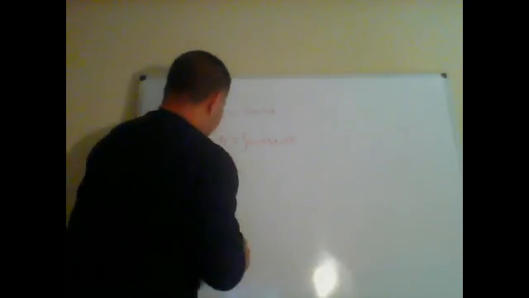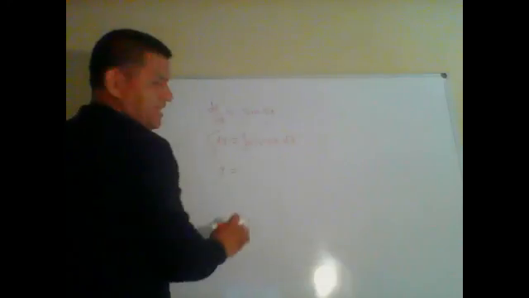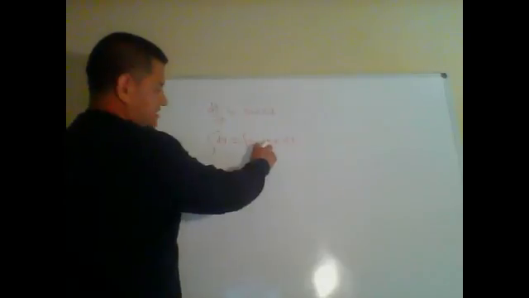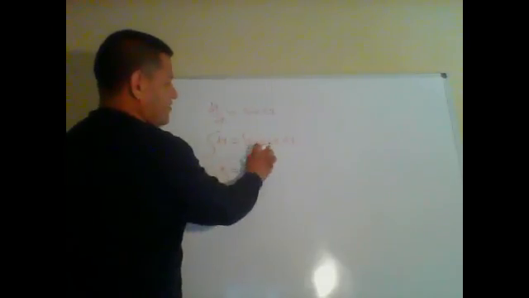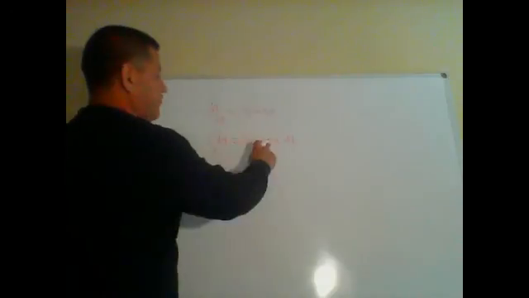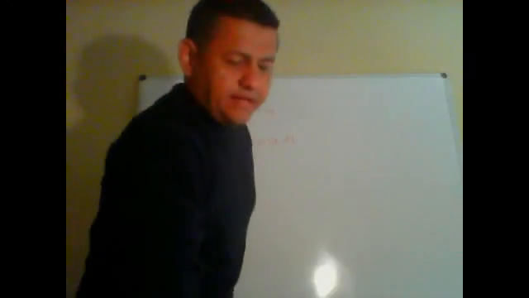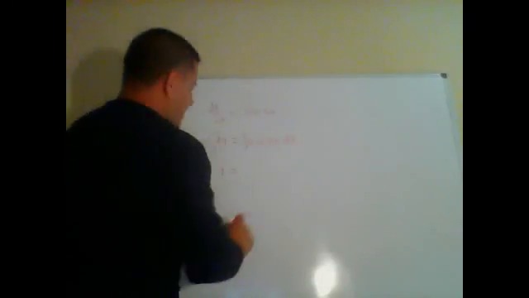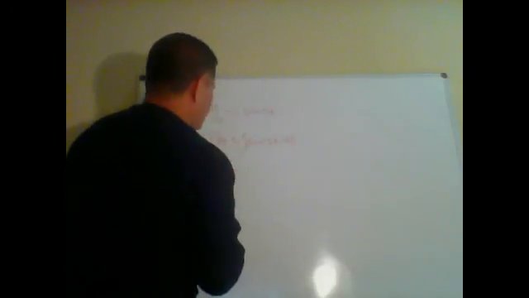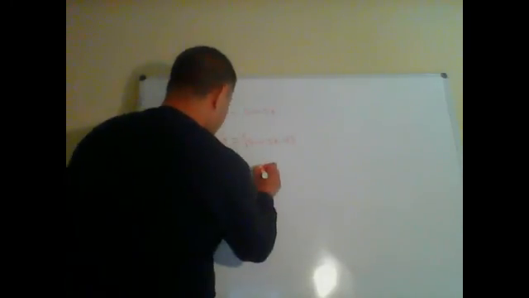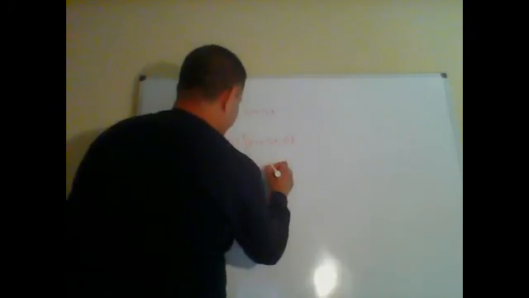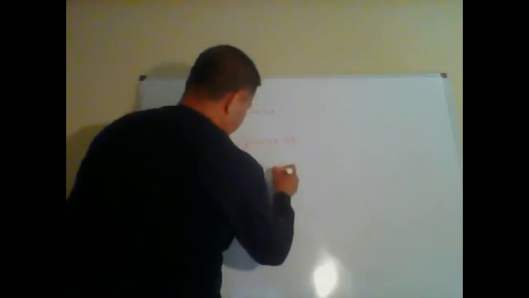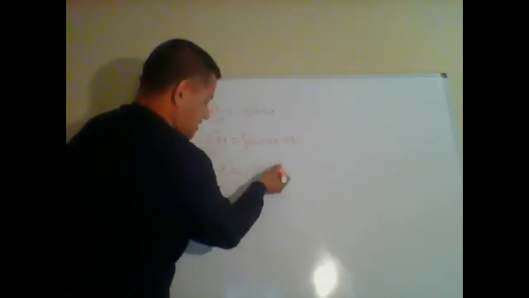On the other side, the integral of sine is negative cosine, but the argument of 5x is like dividing by the constant in front of the x.